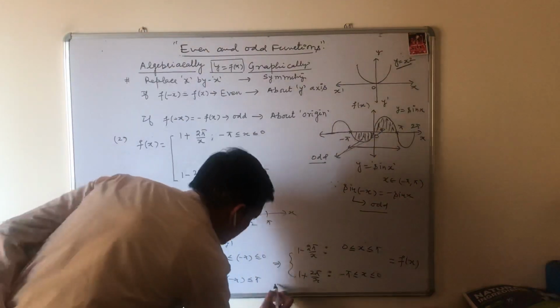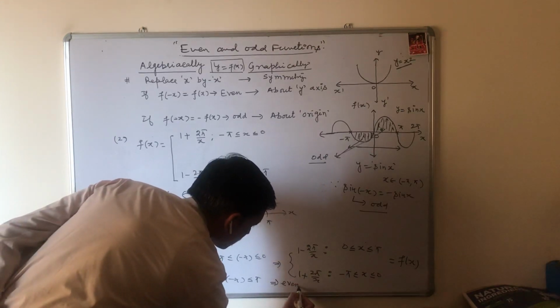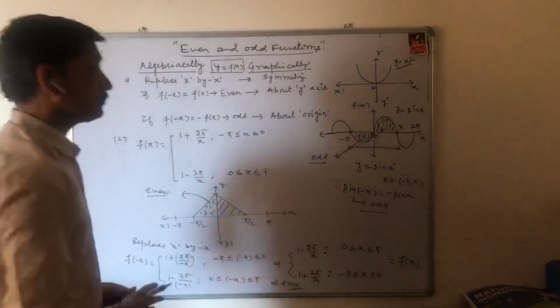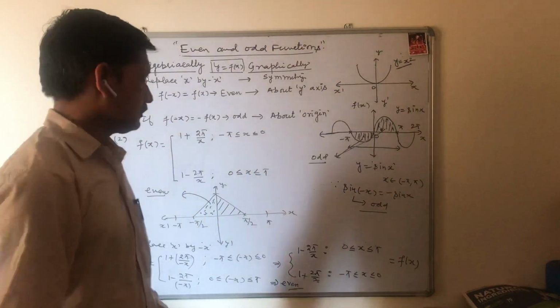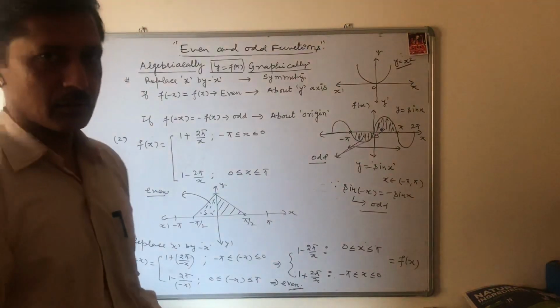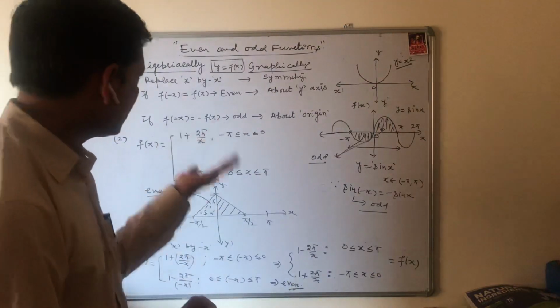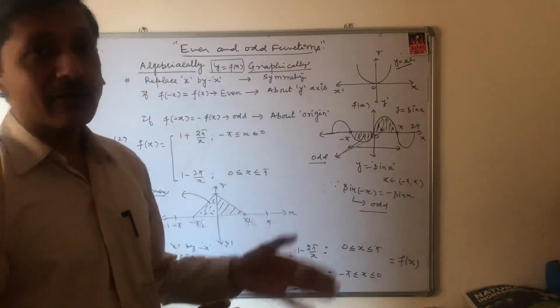Therefore, it means the function is even. This is also an important concept in Fourier series. Many questions will need to check whether the function is odd or even algebraically as well as graphically.